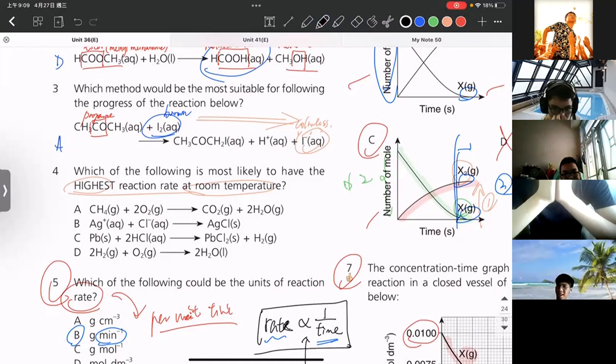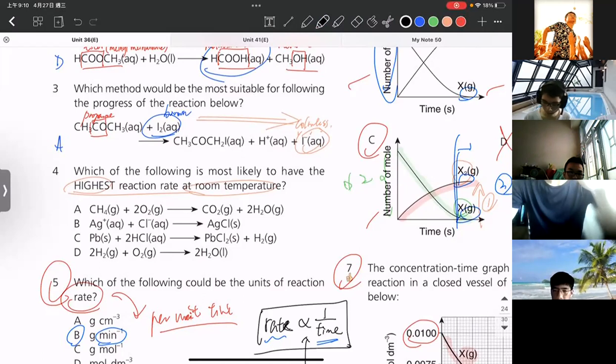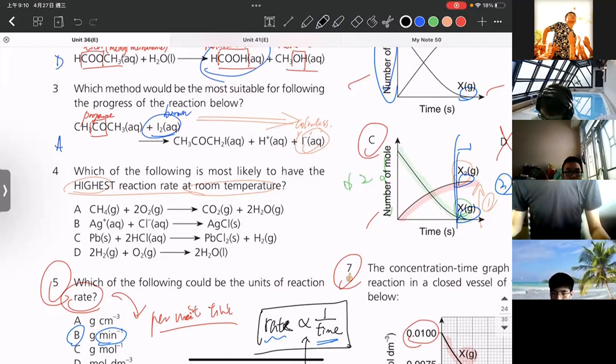Methane, oxygen, carbon dioxide, and water. So what is the type of reaction? My hint is the type of reaction in A is equal to that in D, the same. What is the type of reaction? Physical.